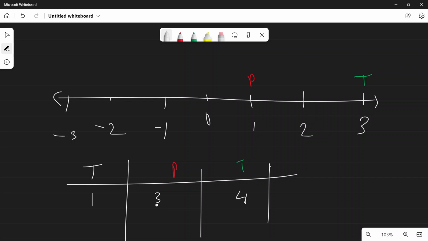The policeman is just 1 behind the thief. After 2 seconds, the policeman will be at 5 and the thief will also be at 5. Both are the same, so the policeman will catch the thief. So our answer will be T equal to 2 for the first case.